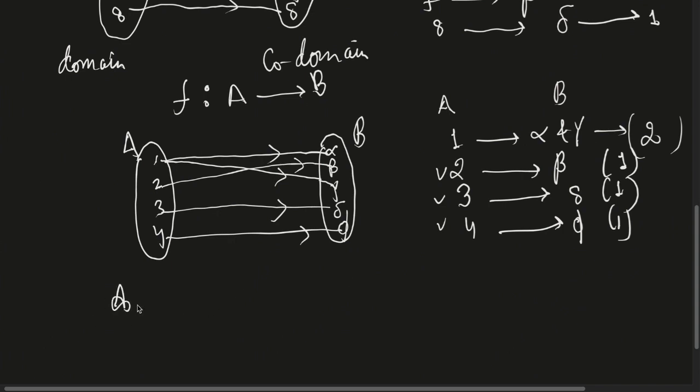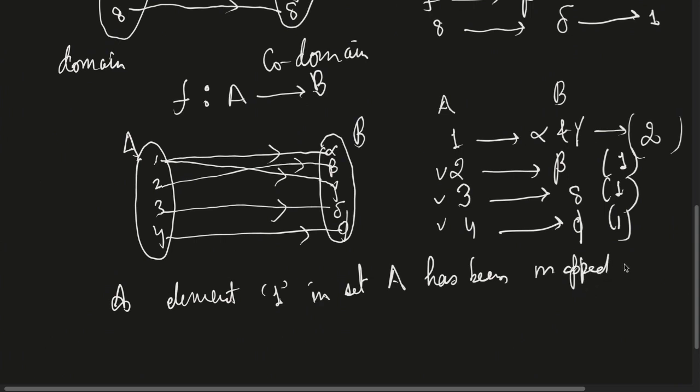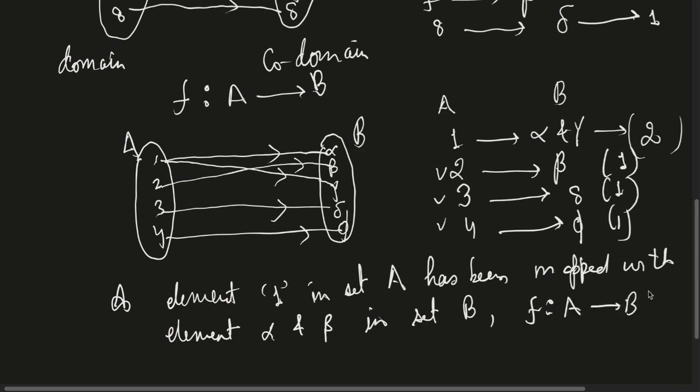Thus, as element 1 in set A has been mapped with two elements in set B, alpha and gamma, this relation from A to B is not a function, so we will not call it a function.